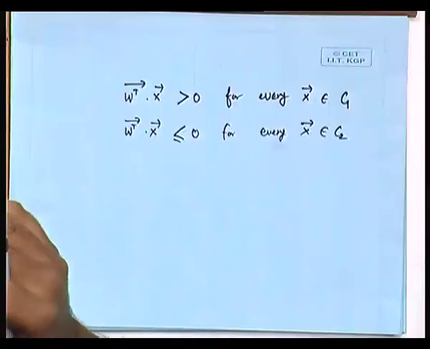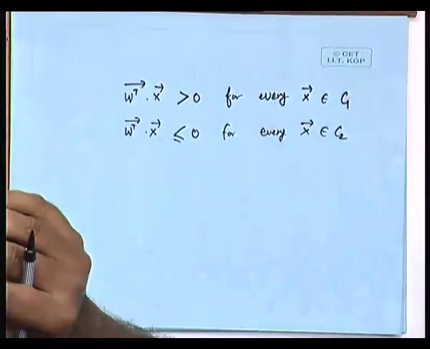Supposing I get a correct classification, I pick up X from the H1 set and I get W transpose X greater than 0, or I pick up X from H2 and I get W transpose X less than or equal to 0. What is the updating strategy that we are going to take? Keep the weights the same. Why are you after all going to disturb a correct thing?